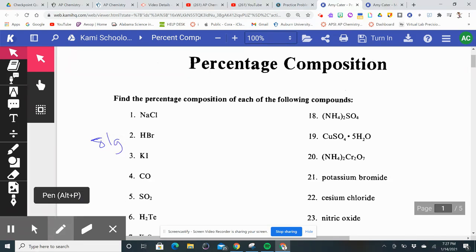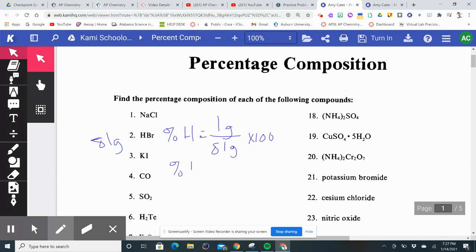So to find the percent composition, the percent hydrogen would be equal to 1 gram divided by 81 grams times 100. The percent bromine is going to be equal to 80 grams divided by 81 grams times 100.